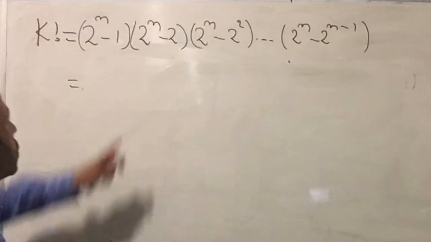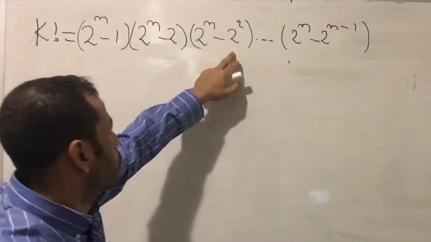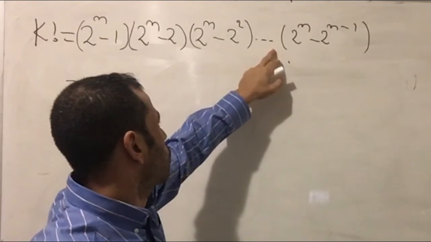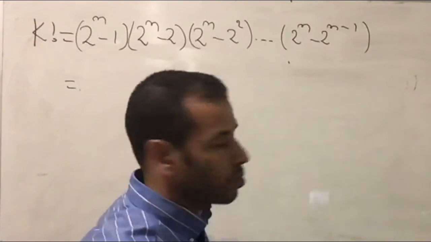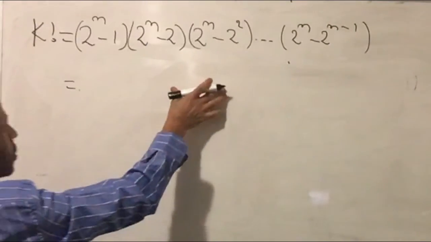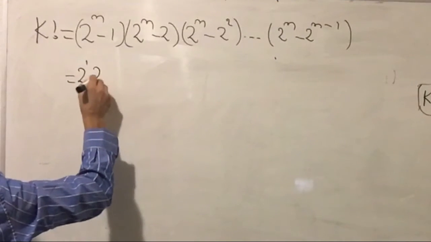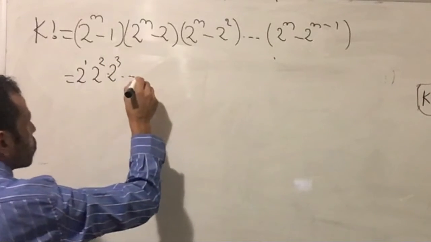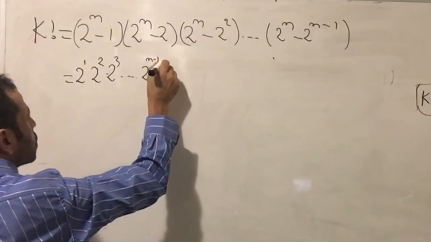I'm going to pull out the number 2 from the second term, 2 squared from the third term, 2 cubed from the fourth term, and 2^(n−1) from the last term, as a multiplier. So it gives me 2^1, 2^2, 2^3, and so on all the way down to 2^(n−1).